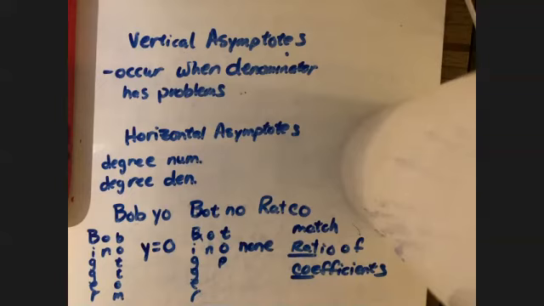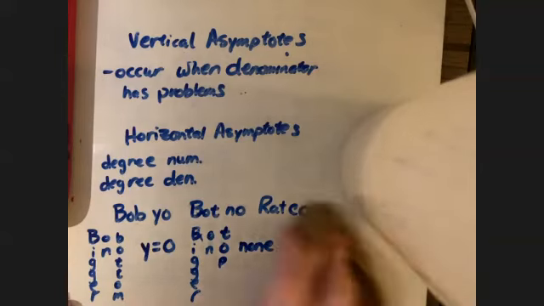Now, there is one other type of asymptote that can occur. It is a special one. It occurs when we're in a bot-no situation.